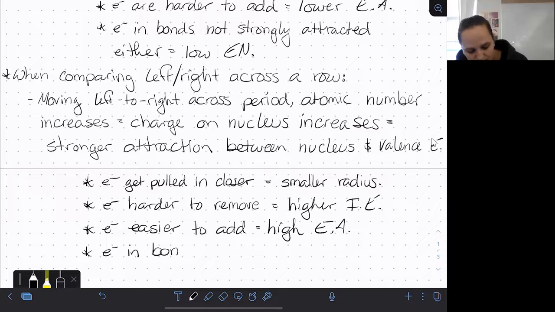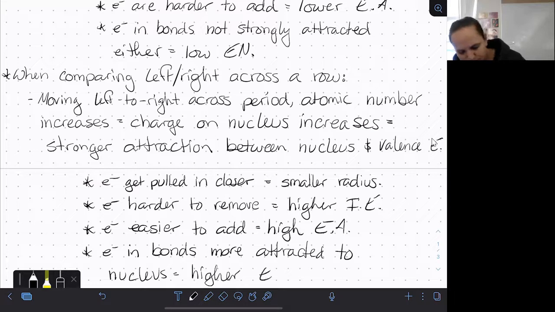So electrons in bonds are more attracted to the nucleus, which gives rise to the higher electronegativity that we see as we move left to right.